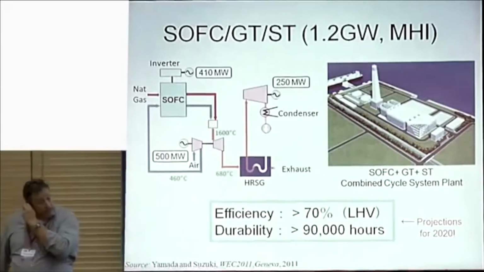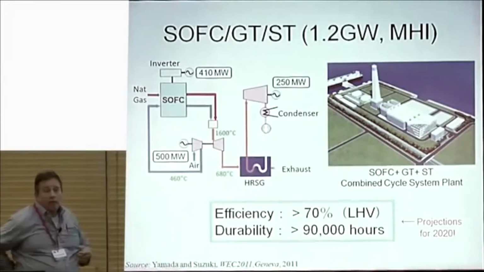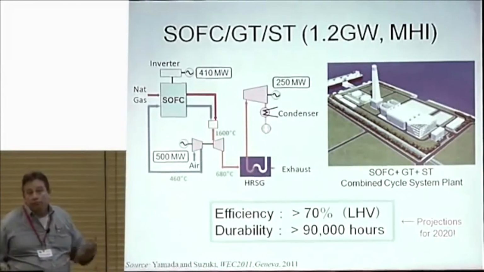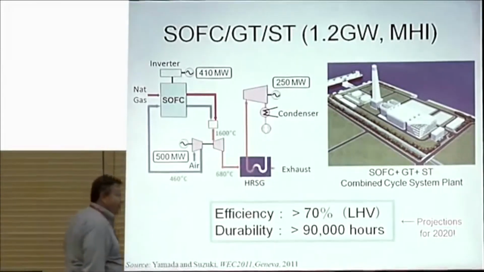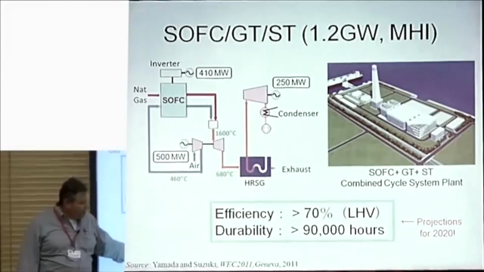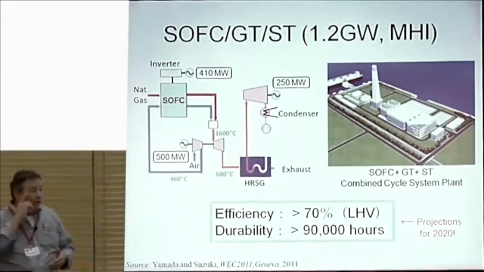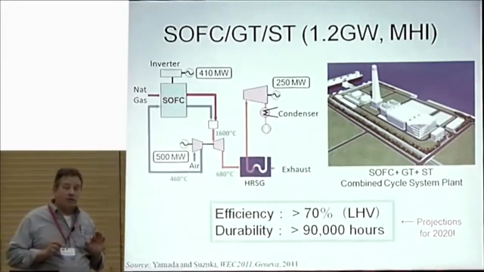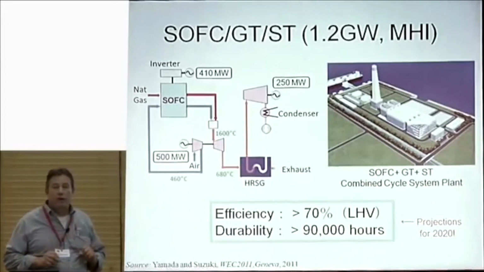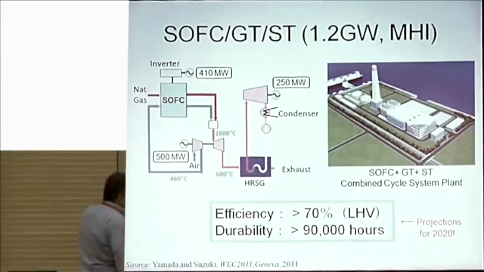So this got my attention because it was at a meeting where data from MHI, Mitsubishi Heavy Industries, actually was shown. And their claim was 70 to 74% efficiency. And the interesting part, so this is their 90,000 hours they think they could get. They said they had demonstrated 20,000 hours of durability for the SOFC already, which I thought was interesting. Another one of the things I'd been tracking.